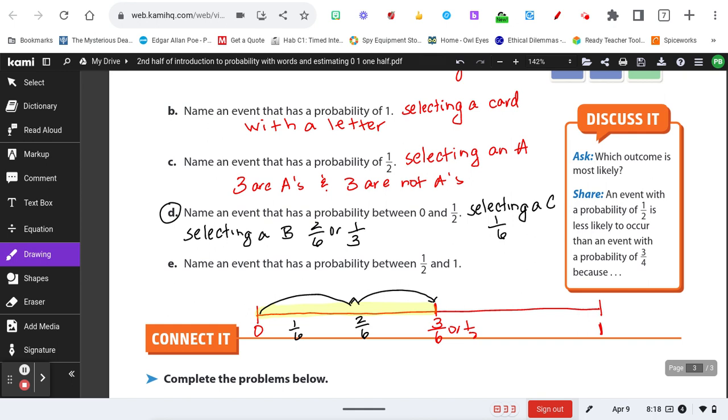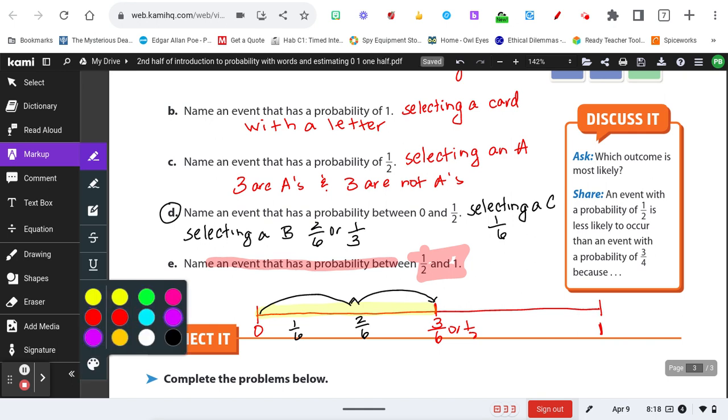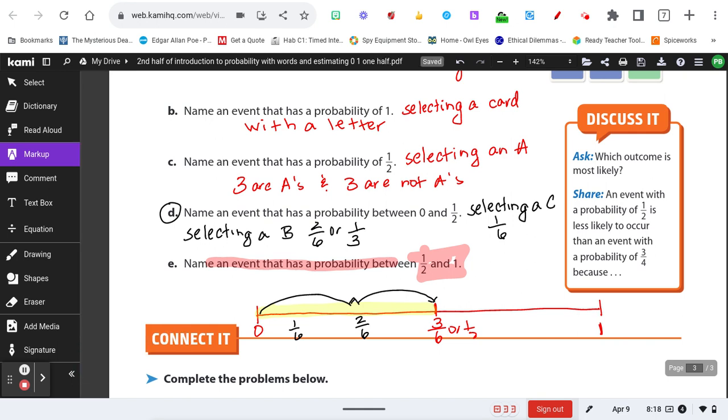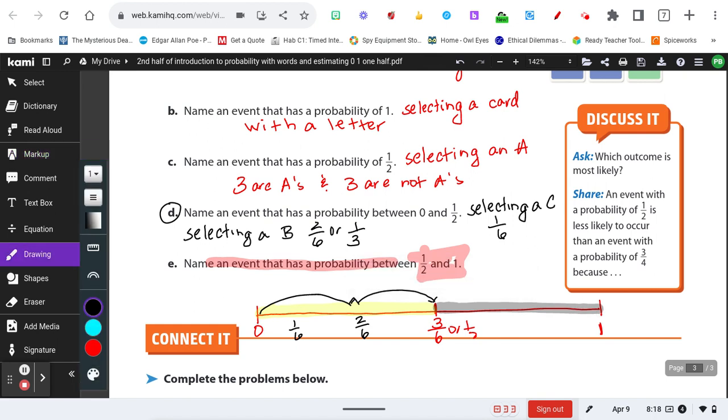And then it's on E. We're looking for an event that has a probability between 1/2 and 1. So that's going to be this section right here, guys. Here's 1/2 and there's 1. If this is 3 out of 6, or 1/2, then you have 4/6 in here, or 5/6 in there.